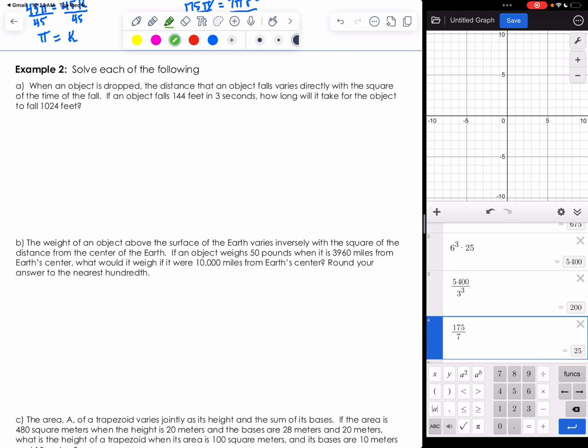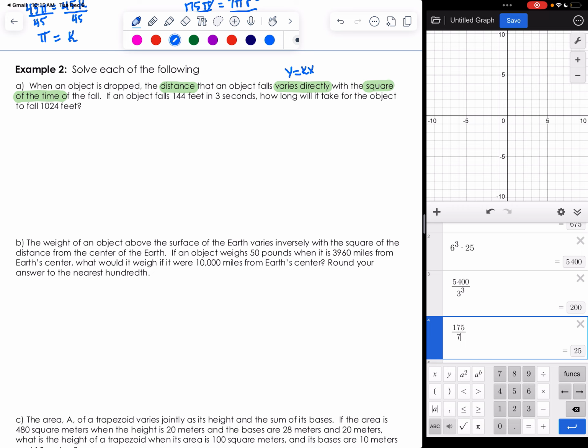So let me go back. It said the distance the object falls varies directly with the square of the time. So it's the distance varies directly. So by varies directly, we would use this formula. Okay, so in this problem, though, we don't want to use y and x because we won't know where to plug in our numbers.